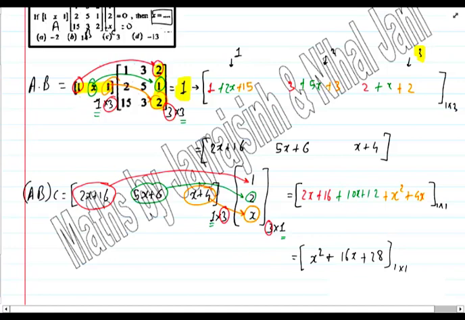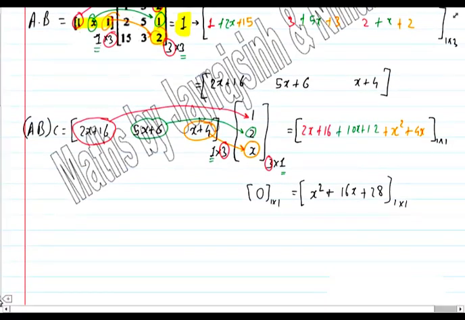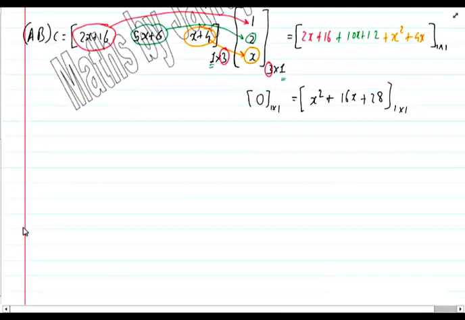Okay, now it is given that A into B into C is the 0 matrix. So if we compare the elements of the matrix, then we will get x square plus 16x plus 28 is equal to 0. Let's factorize the polynomial. We will get x plus 2 and x plus 14 is equal to 0.